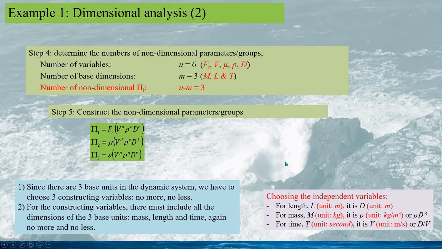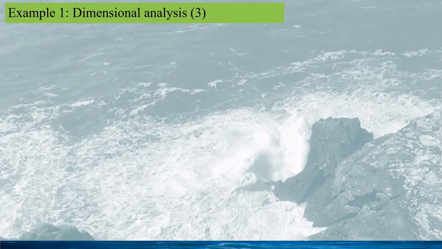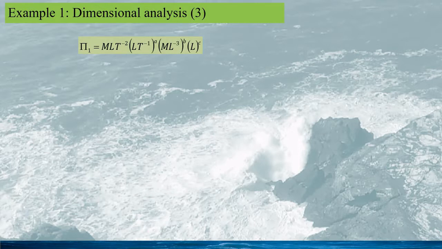After this, the next step is to use the dimensional analysis method to decide the numbers a, b, c for the first non-dimensional parameter, d, e, f for the second non-dimensional parameter, and p, q, r for the third non-dimensional parameter. Pi1 is constructed with the fluid friction and the 3 constructing variables.